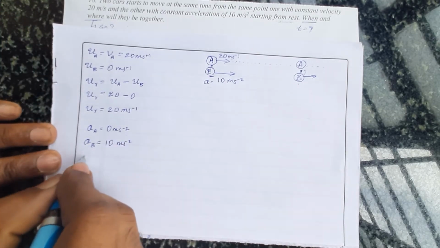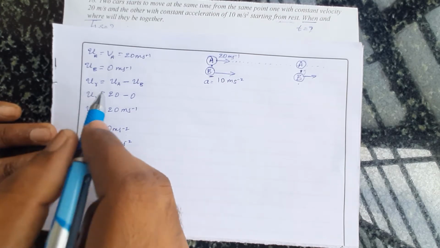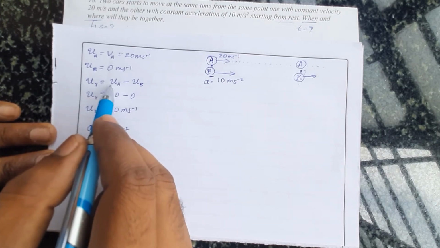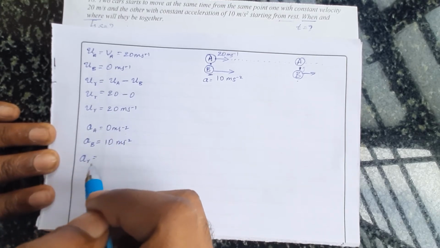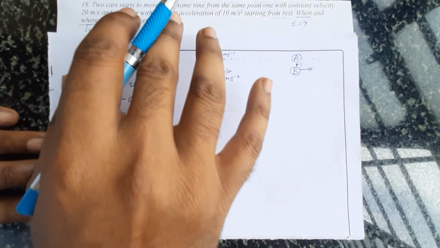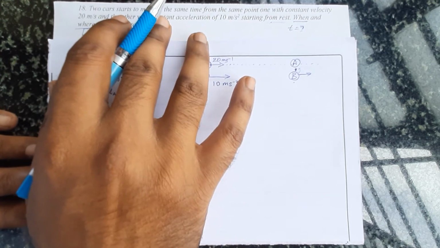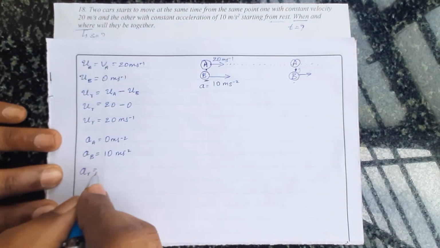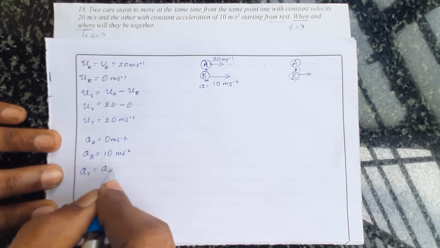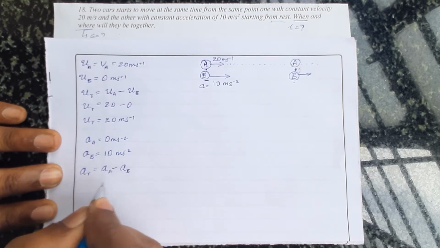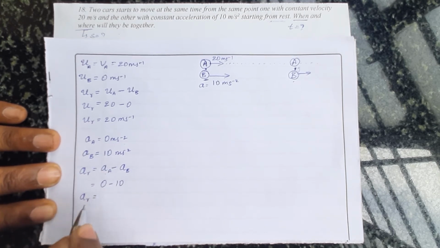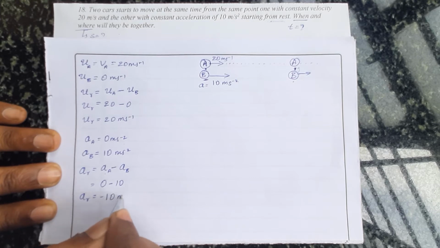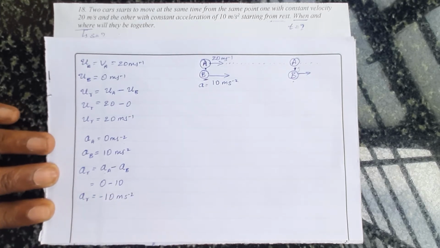So relative acceleration is, see, since we considered initial velocity as uA minus uB, all other terms shall also be taken with the term A first and term B next. So it is going to be aA minus aB. Acceleration of A is 0 minus acceleration of B is 10, and hence relative acceleration of the motion is minus 10 meter per second squared.